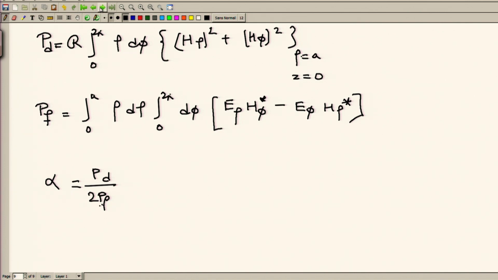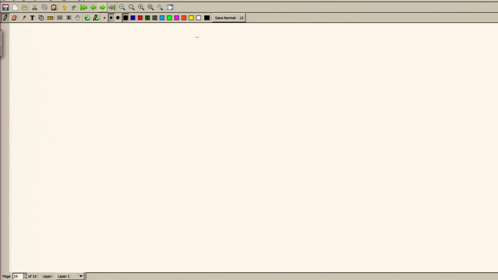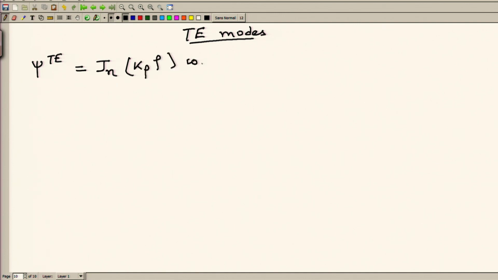Next, for the TE modes, we have psi of TE as J n k rho cos of n phi e to the power minus j k z z.